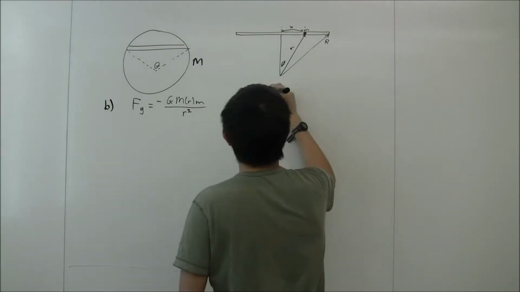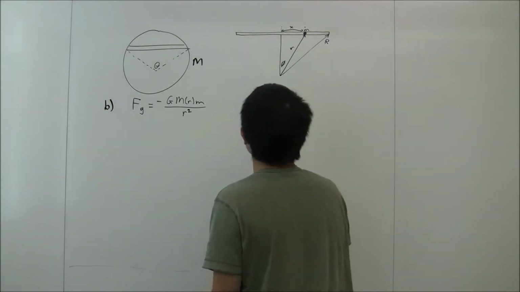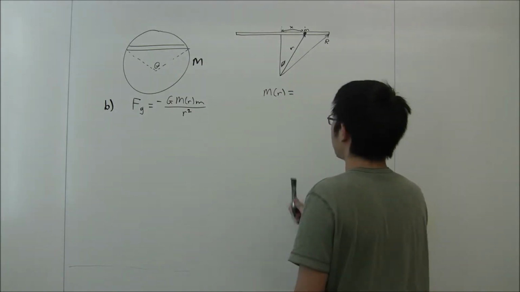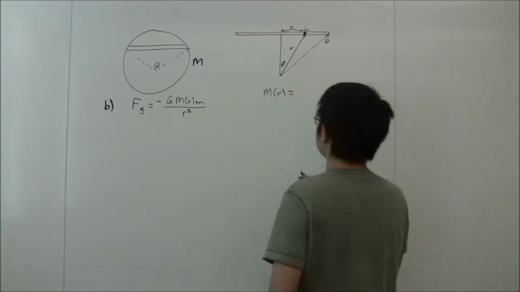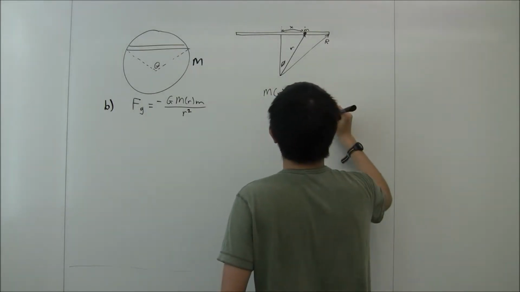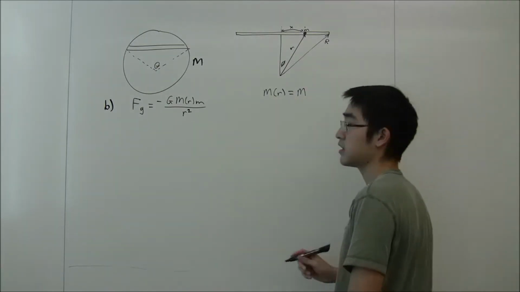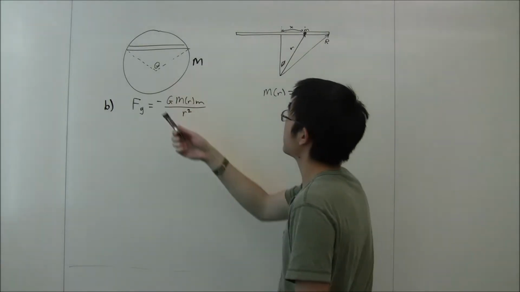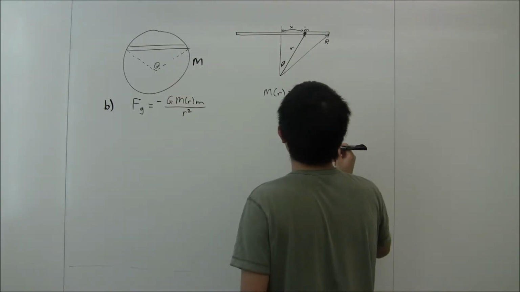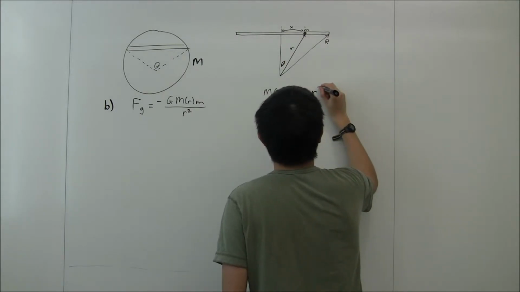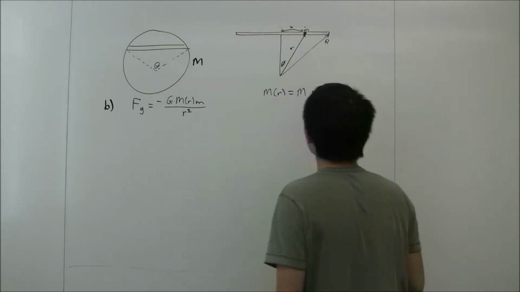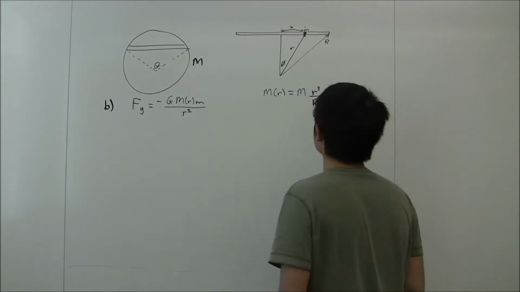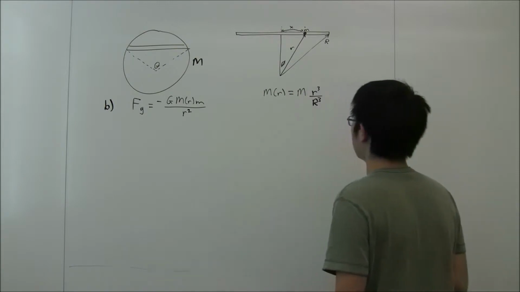So to figure out the mass of the asteroid as a function of little r, we'll note that its mass as a function of little r is going to be given by its total mass times the ratio of the volume of a sphere of radius little r and the total volume of the asteroid. So that's just going to be given by little r cubed over big R cubed, since the volume of a sphere of radius r is just 4/3 pi r cubed.